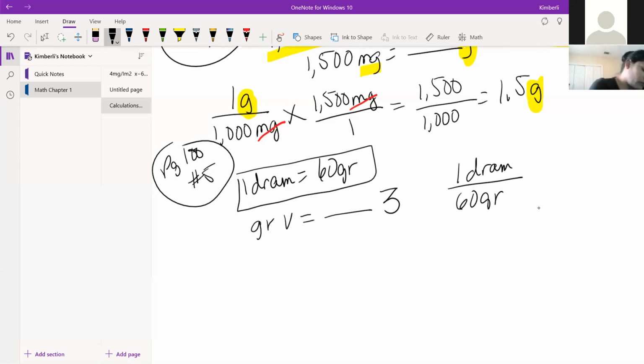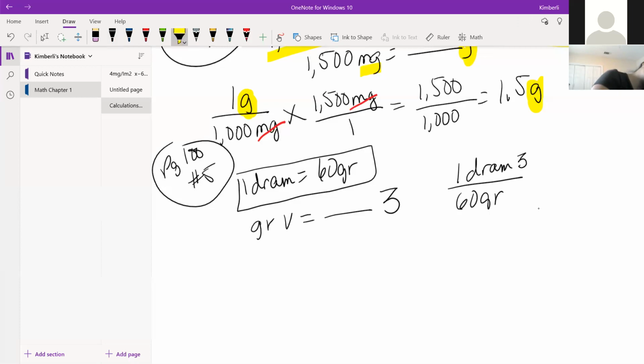I'm not really insisting that you do all of your math using apothecary symbols because I don't. You know, I use GR for grains. I write out dram so that I don't have to keep drawing the funny little 3 symbol because it can get confusing. And, you know, like I said, you don't use it a lot in real life. You almost never use it except for grains in certain tablets.